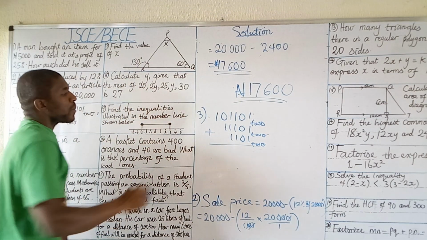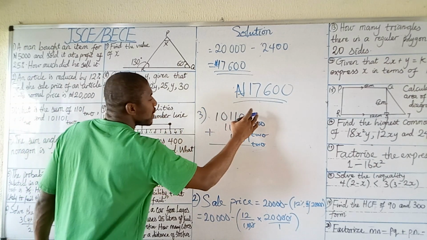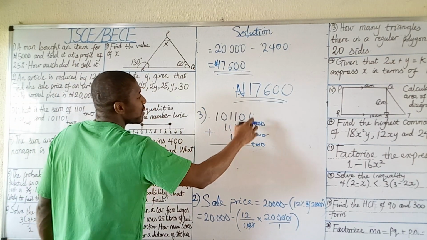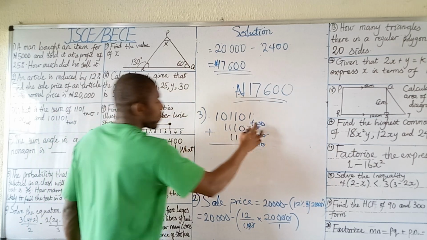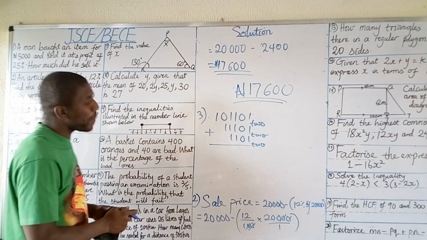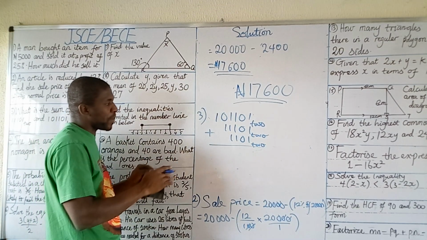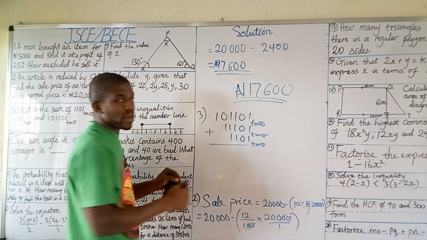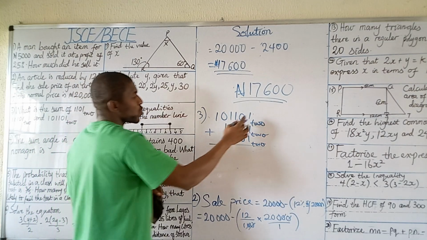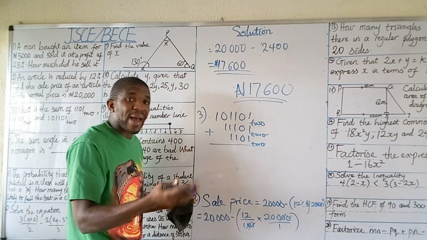Now, adding numbers in base 2. Here, we go with 1 plus 1 to be 10, 10 plus 1 to be 11. That is for the binary number system. That type of addition is called addition in the binary number system. So when we add in the binary number system, 1 plus 1 gives us 10 because we are adding in binary.